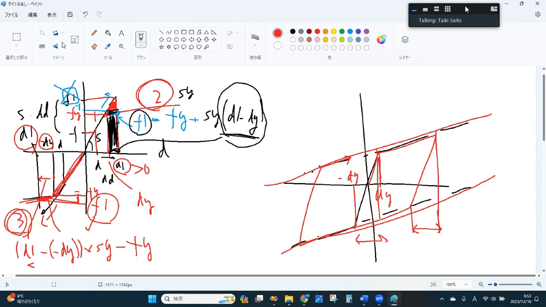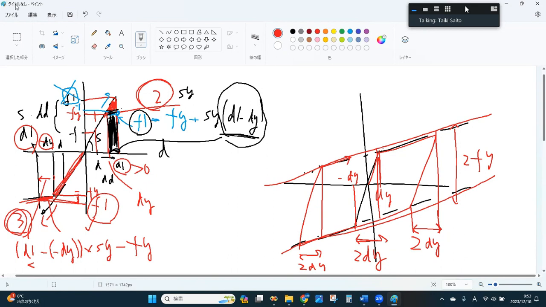So always this distance is 2Dy, and always this force is 2Fy. So you use this relationship.